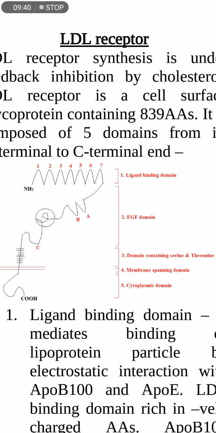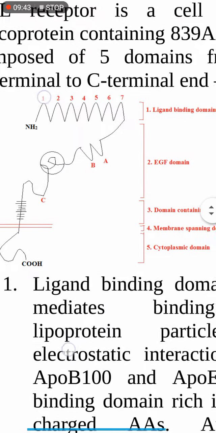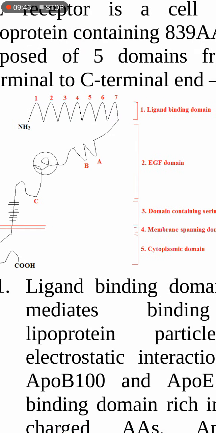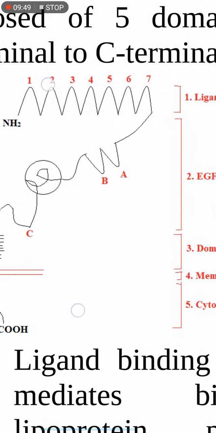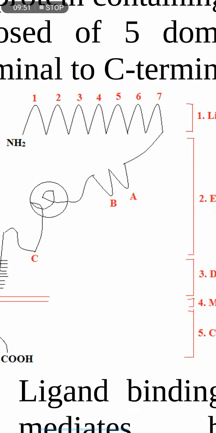From N terminal to C terminal there are 5 domains. The first domain is the ligand binding domain. It has 7 repeats, and in this part there is the ApoB100 recognition site.